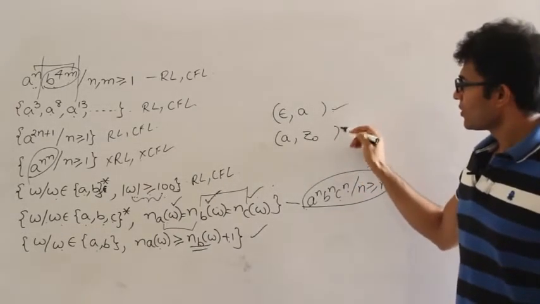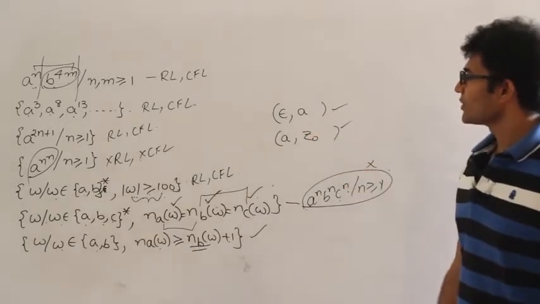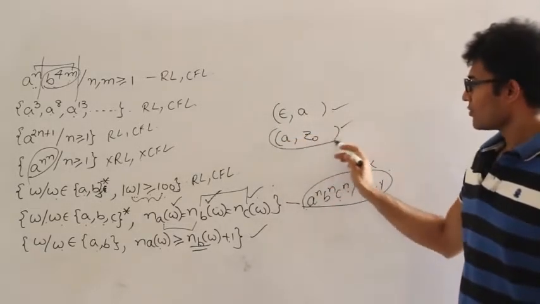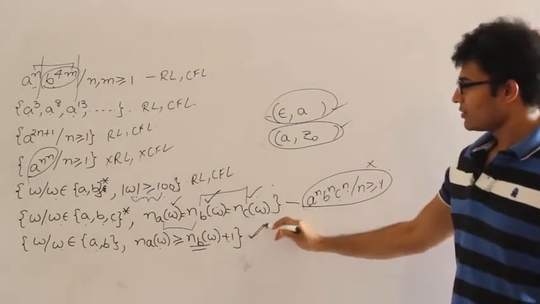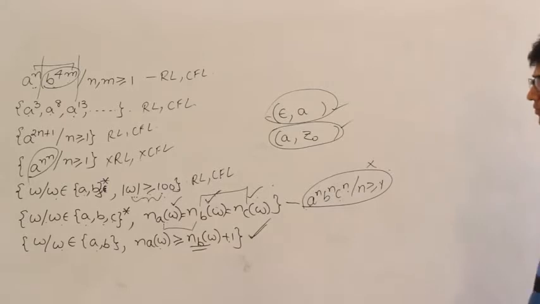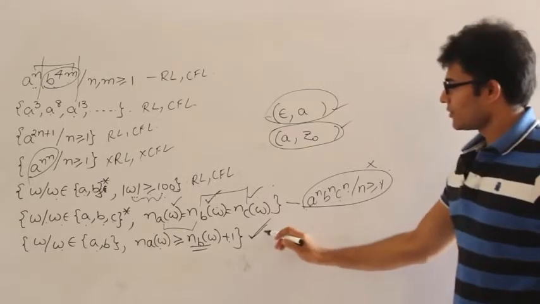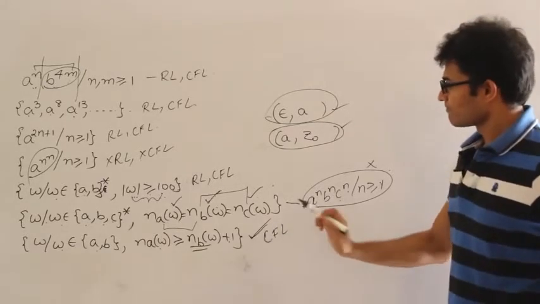So either this one or this one says that number of A's are extra. You have to check in which state these have to be applied. Anyway, I am saying that this one is definitely possible. Okay. So this is a context-free language.